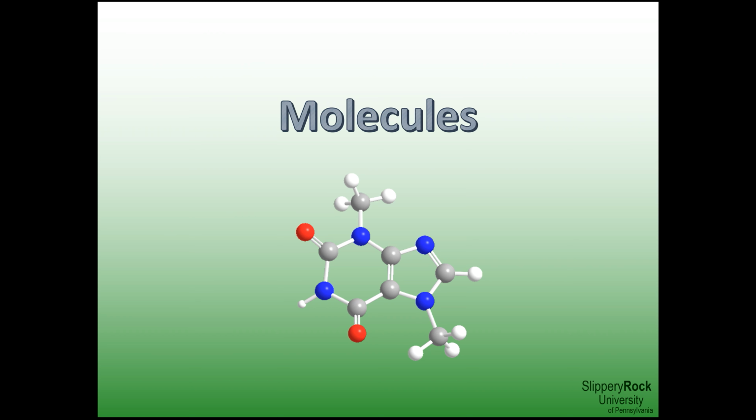overall shape. This molecular structure plays a crucial role in determining physical and chemical properties, such as boiling point, solubility, and reactivity. The behavior of molecules can be understood by examining how electrons are arranged and how atoms are oriented in space.